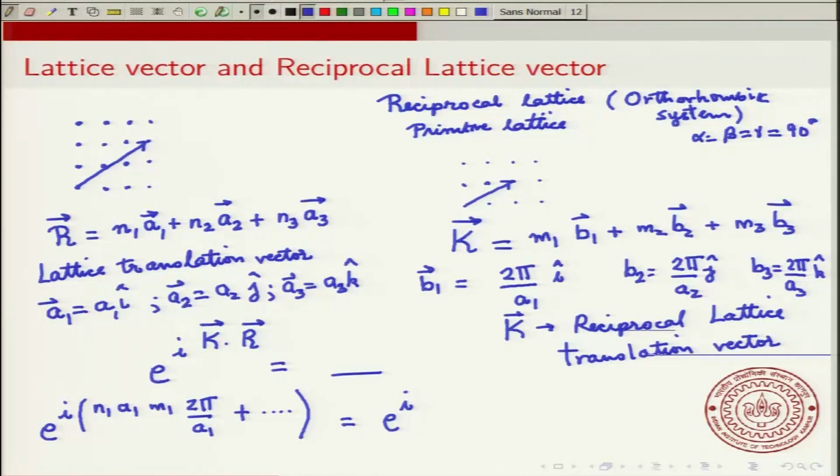So this is e to the i, and n1 into m1 is a constant, a1 will cancel, and so you just have n1 m1 into 2 pi. Whenever you have integers, n into m is an integer, so this is just equal to 1, and any e to the i 2 pi into an integer is just 1.